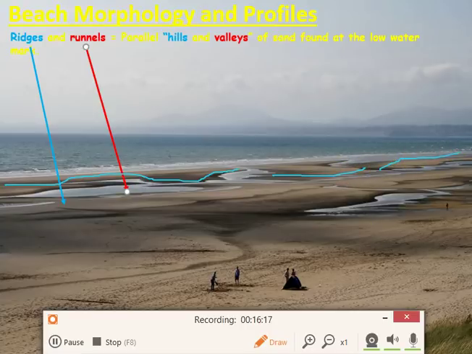That's the ridge. The tide's been going back out, and the runnel is the depression in between the ridges. Sometimes you might see kind of a little creek, if you like, that can drain back out to sea, but generally speaking, it's going to be trapped.